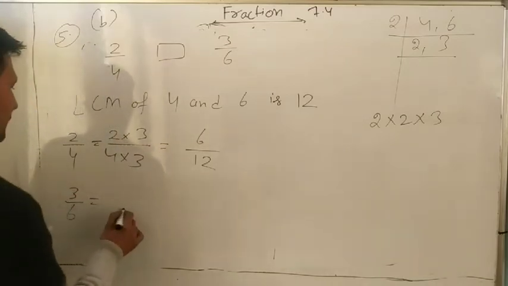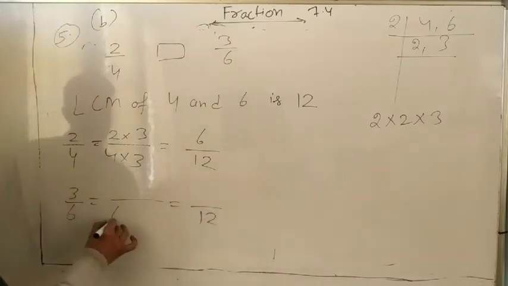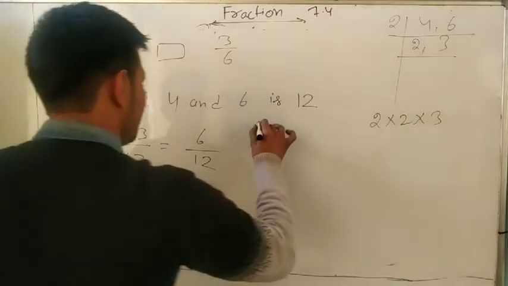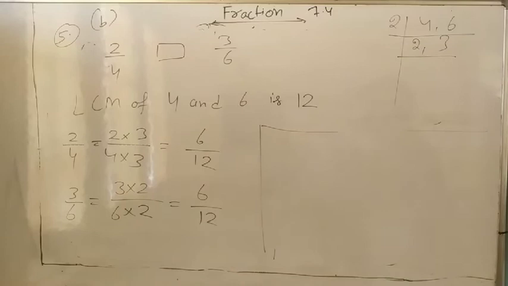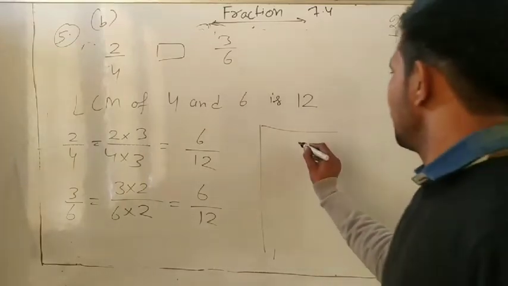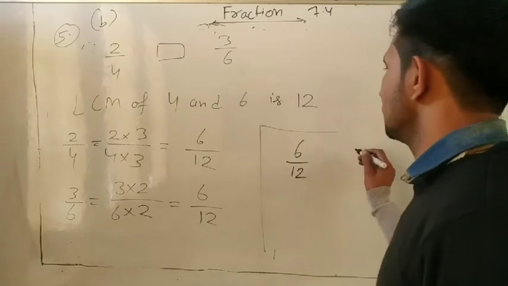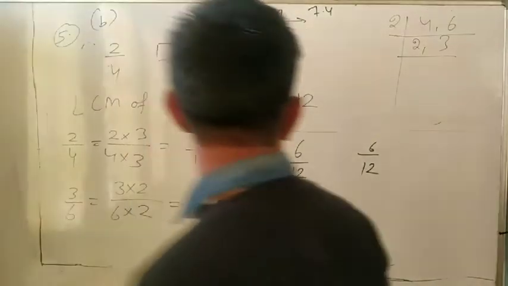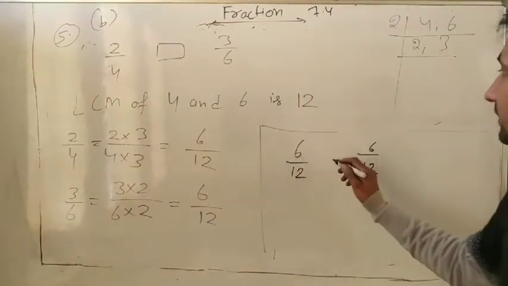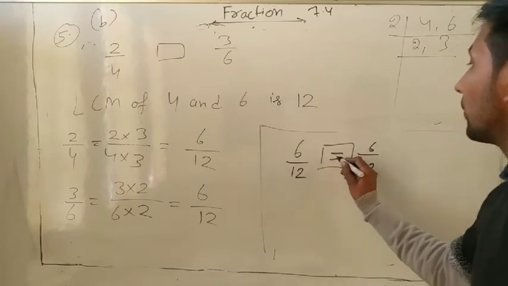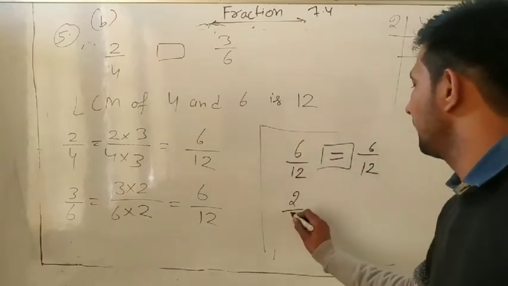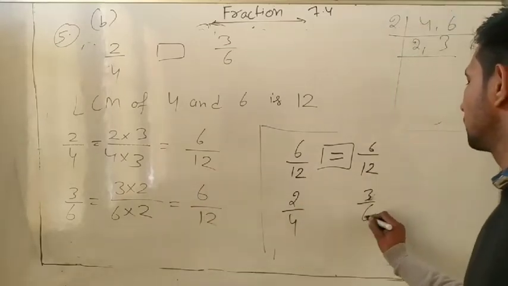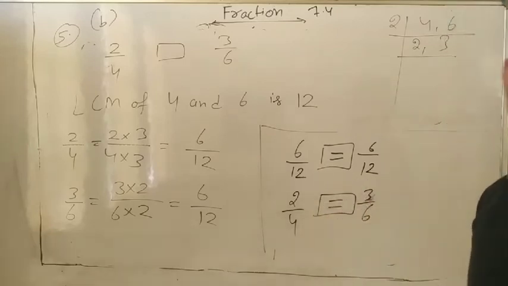Same for 3 upon 6. What number do you multiply by 6 to become 12? 2. So 3 into 2 is 6, giving 6 by 12. So we can observe one is 6 by 12 and the other is 6 by 12, so both are equal. 6 by 12 means 2 by 4, and 6 by 12 means 3 by 6, so you put the equal sign.